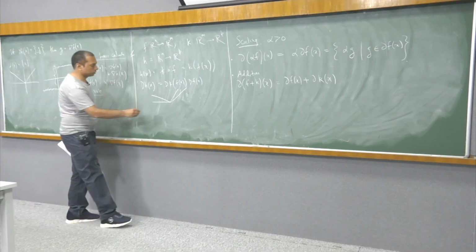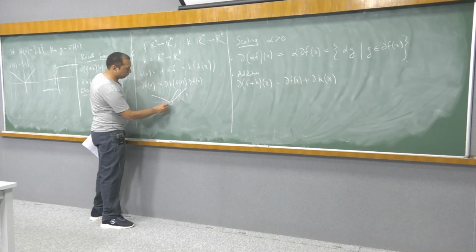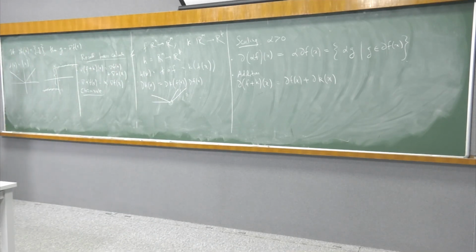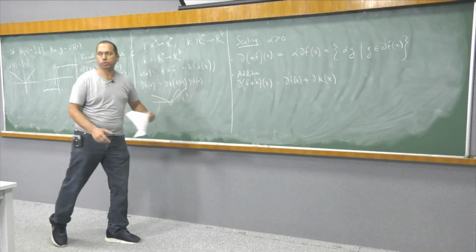For this guy, the subdifferential at this point is this, and for this guy the subdifferential is that. So the sets may not be same, but it's interesting that we can sum them up as a set, and that will give me the subdifferential of the sum. Okay, it's nice.